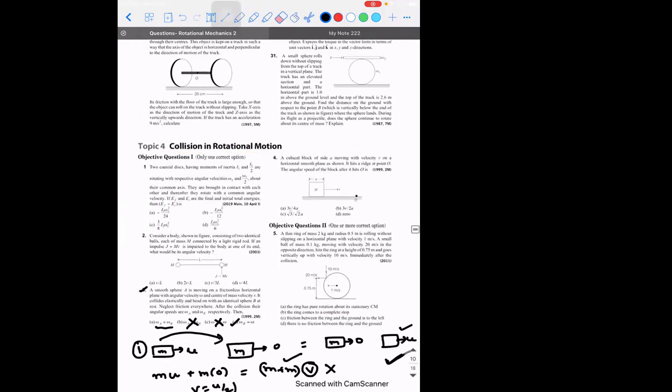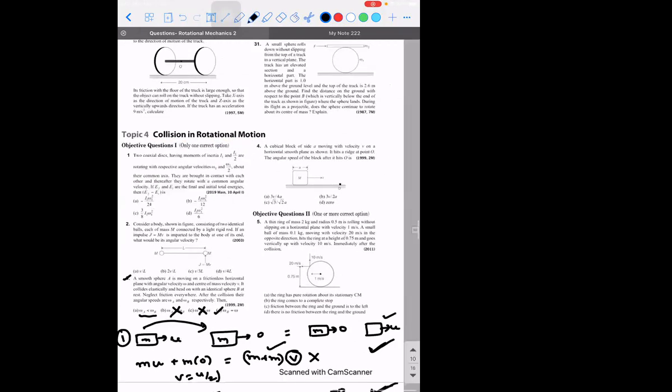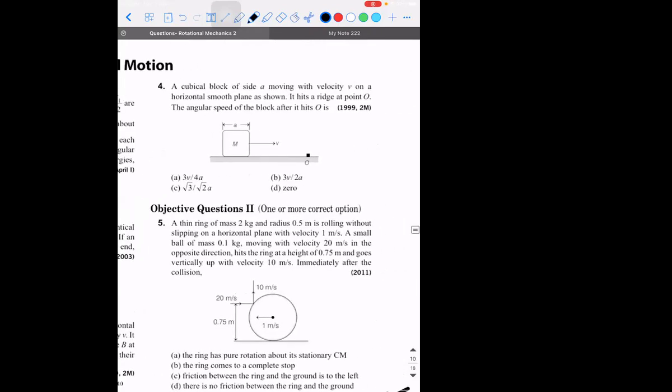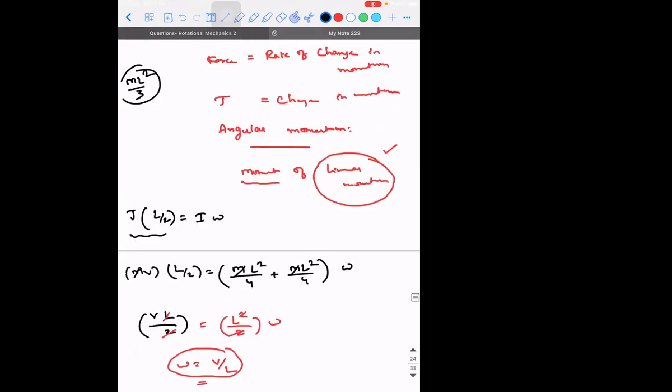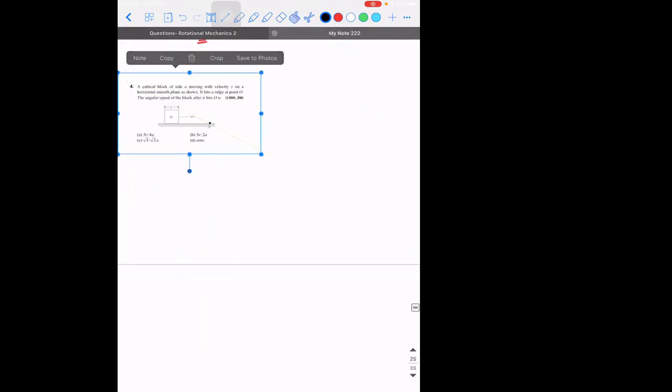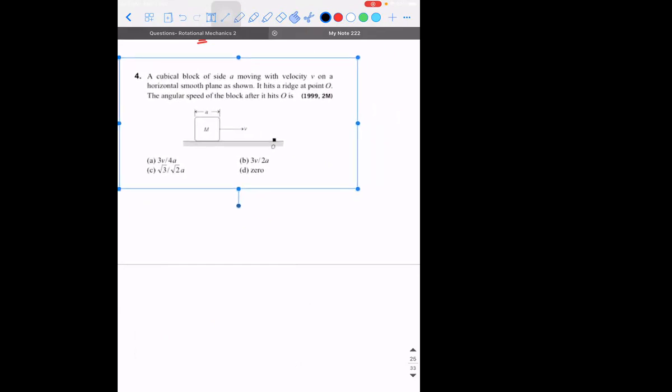So let's do the next one, guys. This is also an important concept again. This is called the toppling concept. Again, you people are going to explain the physics behind this.